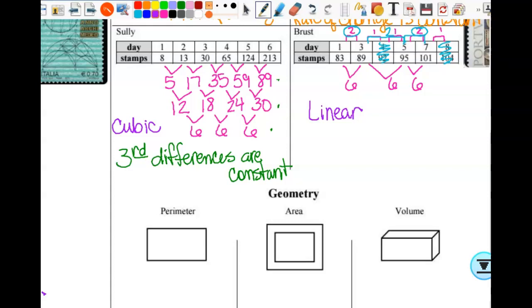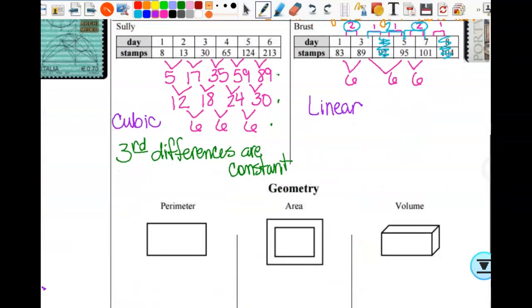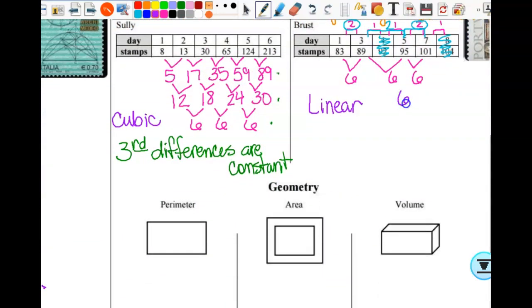Up here, when I did that, I was able to just say, oh, it's the rate of change, because these all changed by 1, which means they're all 5, and that is literally the rate of change. Here, 6 is not the rate of change. This represents 6 stamps for every 2 days. Does that make sense? So your rate of change is actually 3. The rate of change is constant, but if I'm going to say that, I want to make sure that I show it.